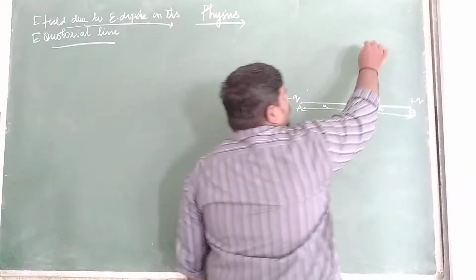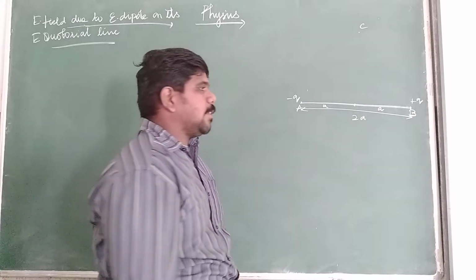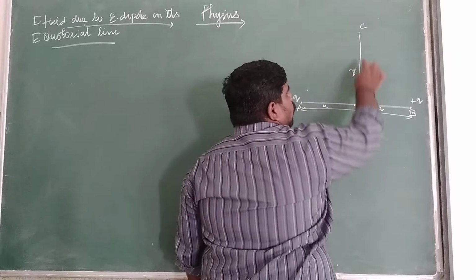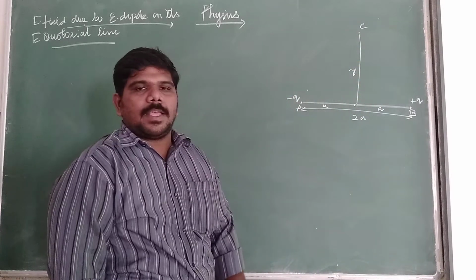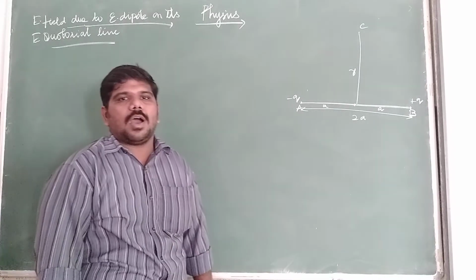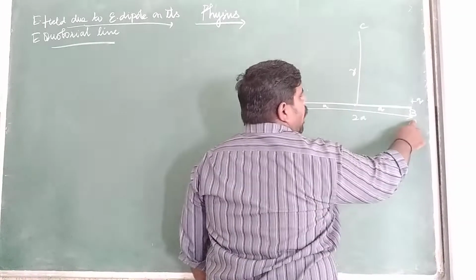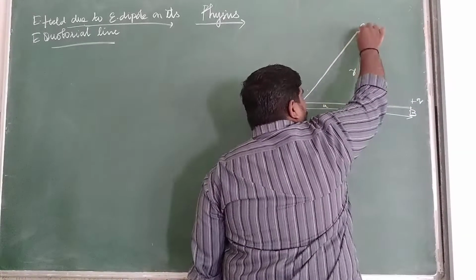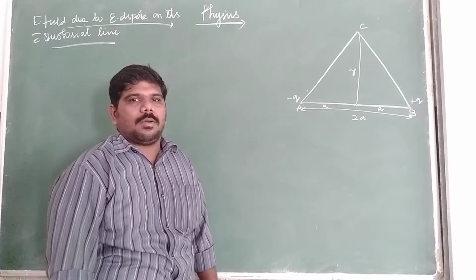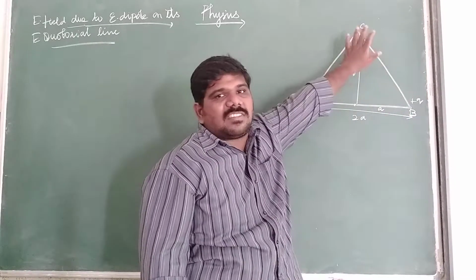So the midpoint is O, and on either side the distance is a. Let C be a point at a distance r from the midpoint O on the equatorial line. Since the charges minus q and plus q are equidistant from the point C.